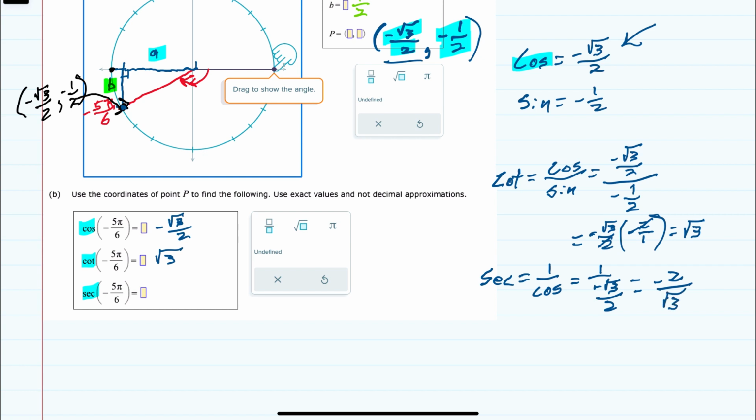We should rationalize this denominator, multiplying the top and bottom by the square root of 3 to give us negative 2 square roots of 3 over 3. So this is our secant. And at this point, we found all of the information that was asked for.